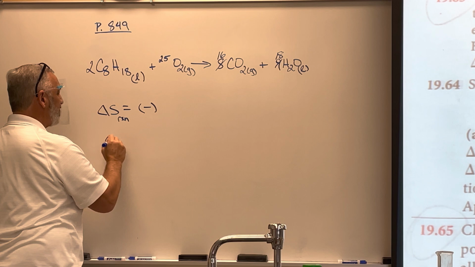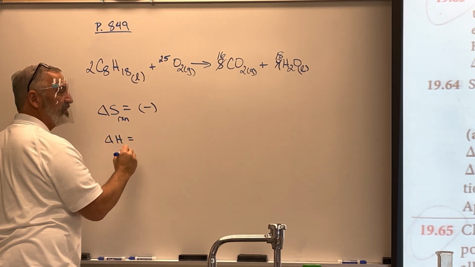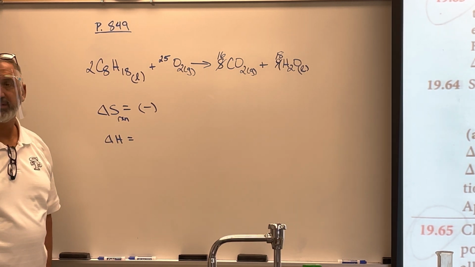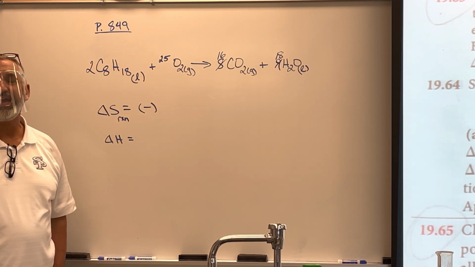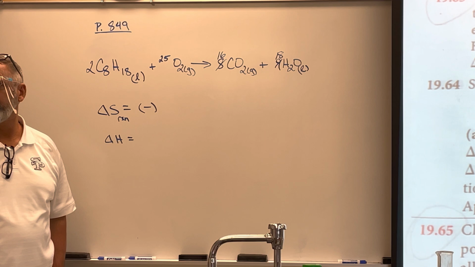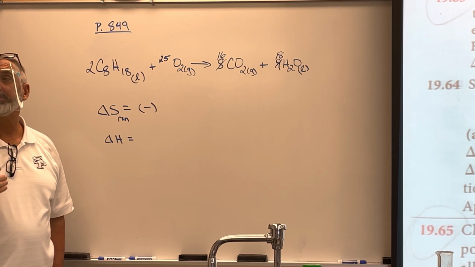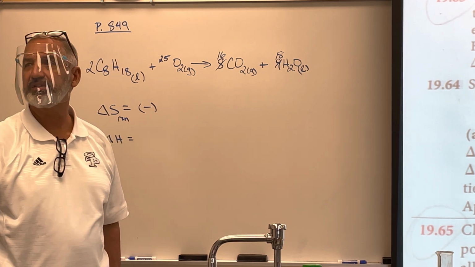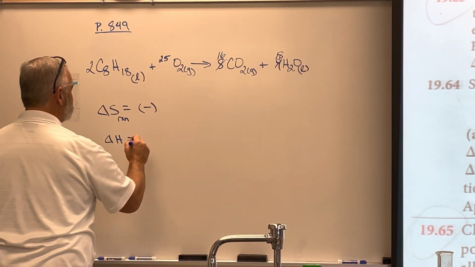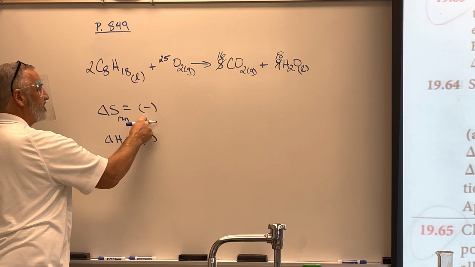What do you know though about combustion? What's delta H going to be? Endo or exothermic? Exo. Anytime anything burns, it's exothermic. You've never seen anything burn and it get cold. So if something's burning, you automatically know it's giving off heat, it's going to be exothermic. So delta H is negative. So notice they're both the same.